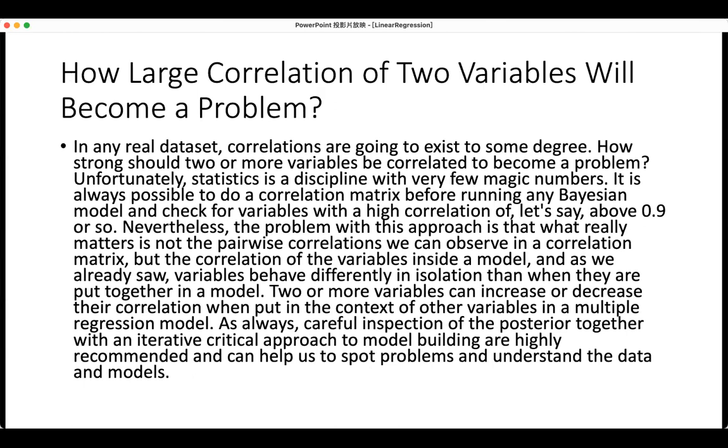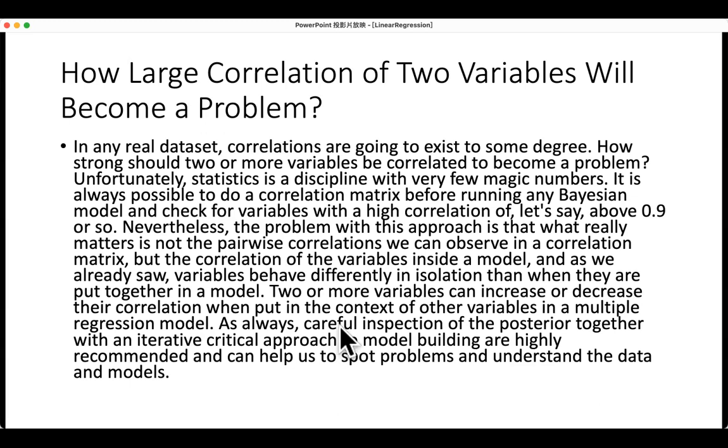So how large a correlation between two variables will become an issue? In a real data set, correlations are going to exist to some degree. So how strongly should two or more variables be correlated to become a problem?